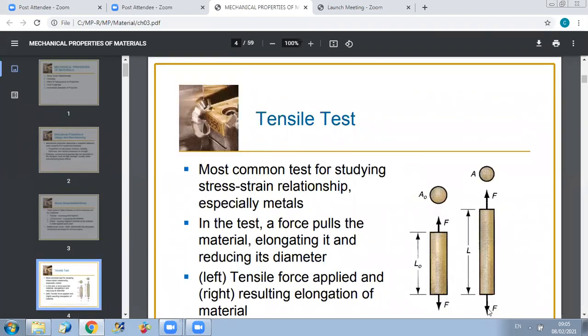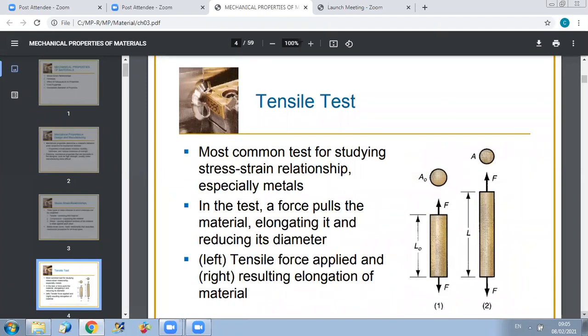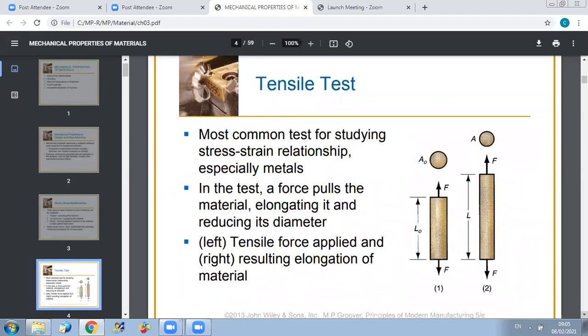We will start first with a tensile test. The tensile test is one of the most common tests for studying stress-strain relationships, especially in metals. In this test, we put a force that pulls the material, elongating it and reducing its diameter. You will have a reduction of diameter due to conservation of volume: length is increasing, so the area A will be reduced.